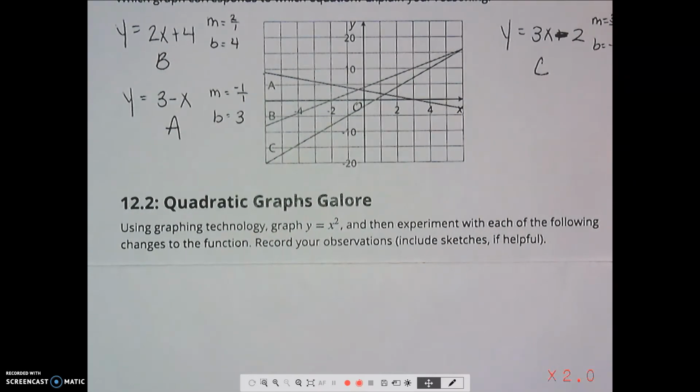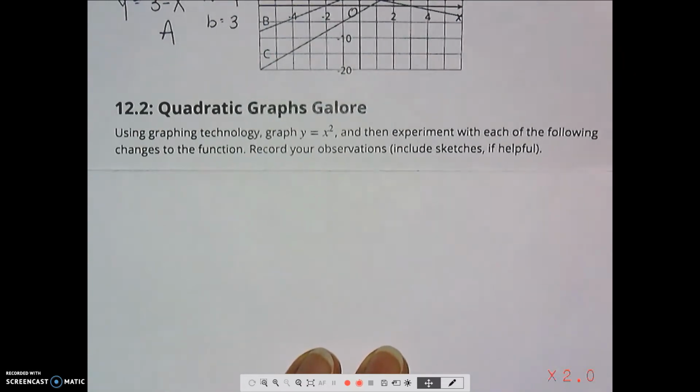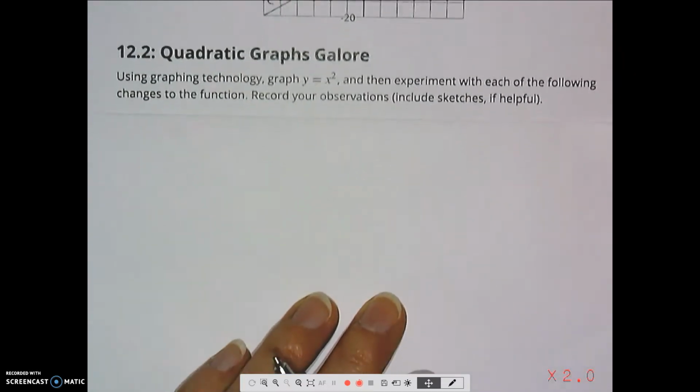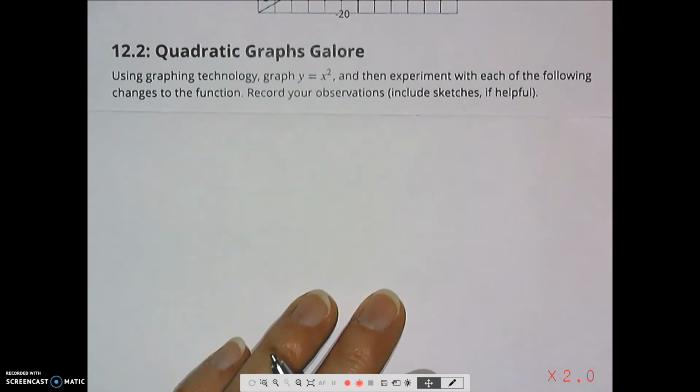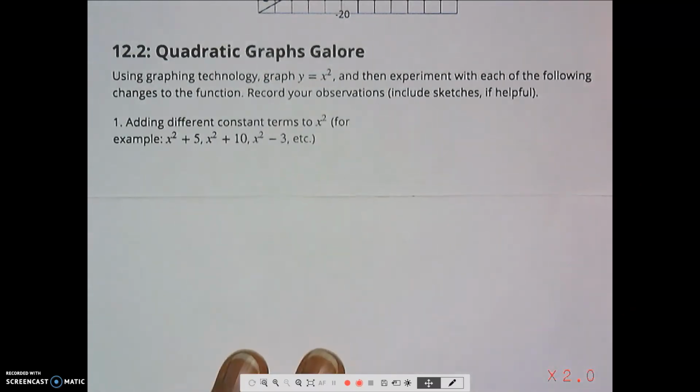So next we're going to have quadratic graphs galore. Using graphing technology, we're going to graph y equals x squared. Then experiment with each of the following changes to the function. We're going to record our observations and what we notice. Okay, so the first thing we're going to do is look at if we add different constant terms to x squared.